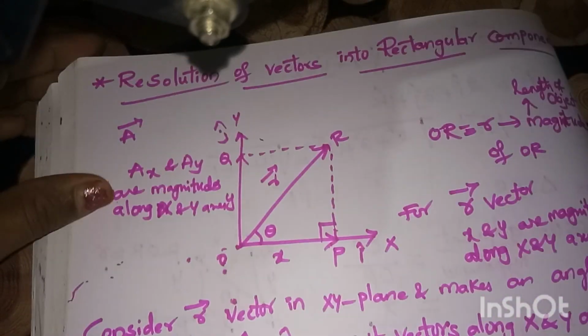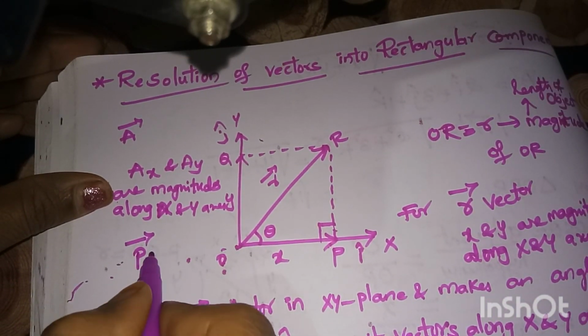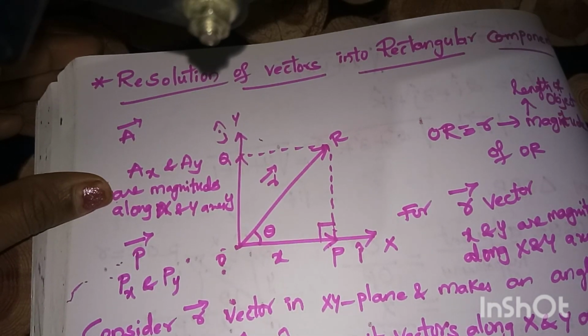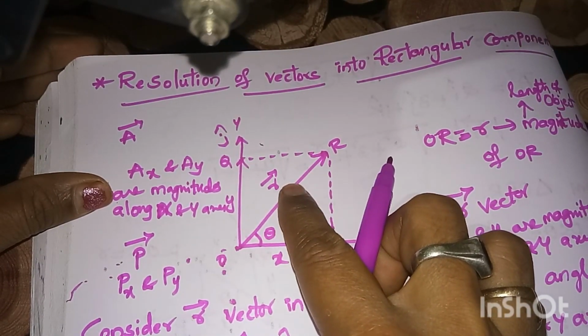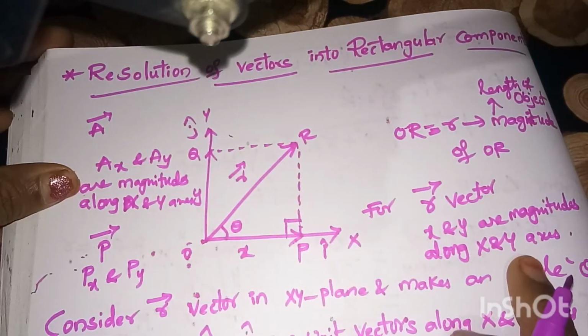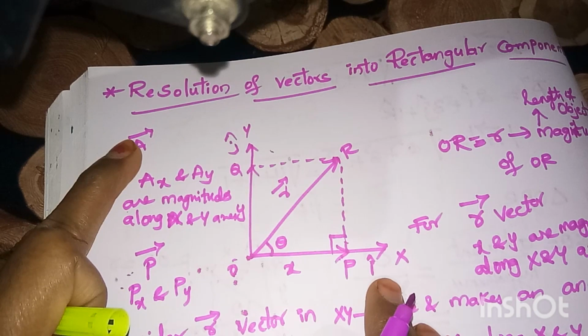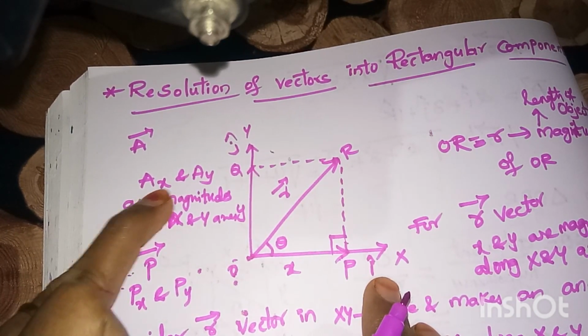For suppose if you take p bar as a vector, its magnitude along x and y axis is px and py. So for r bar only, for the position vector only, x comma y are the magnitudes along x and y axis. Here we are considering capital A bar, so its magnitudes along x and y axis are ax and ay.